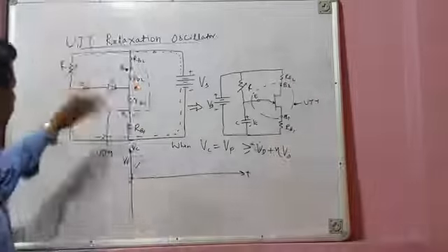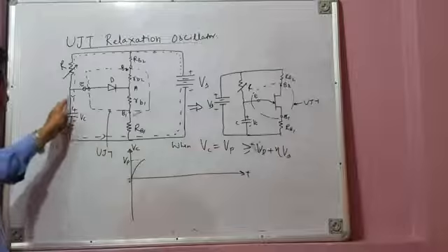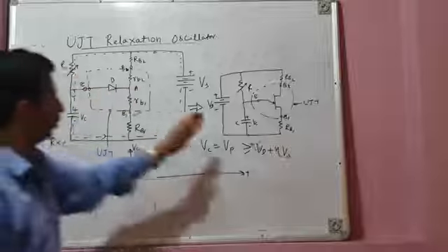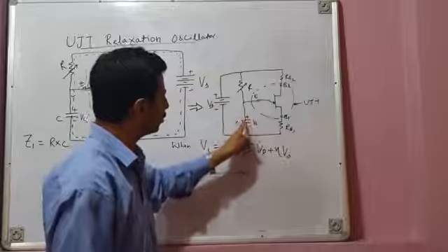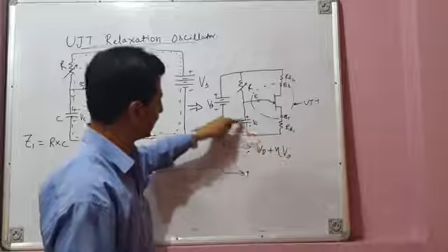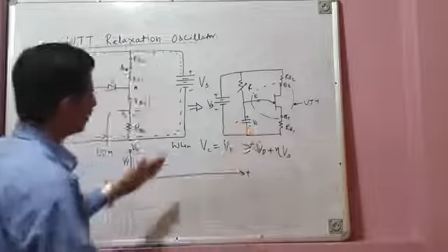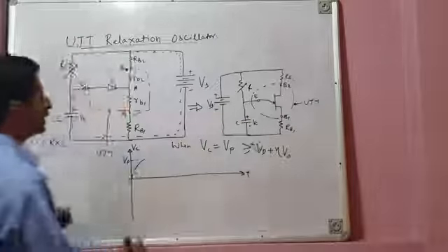So UJT goes into conduction, and then capacitor discharges. It discharges through this RB1. So when capacitor discharges, the voltage across it decreases.